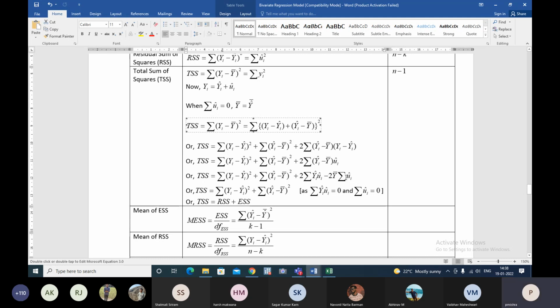That we get when we differentiate partially summation of u hat I square with respect to alpha hat. And this we have already derived, that this is also equal to 0. So this component would be equal to 0. We are left with these two components, and you know this is RSS and this is ESS. So total sum of squares can be decomposed into explained sum of squares and residual sum of squares.